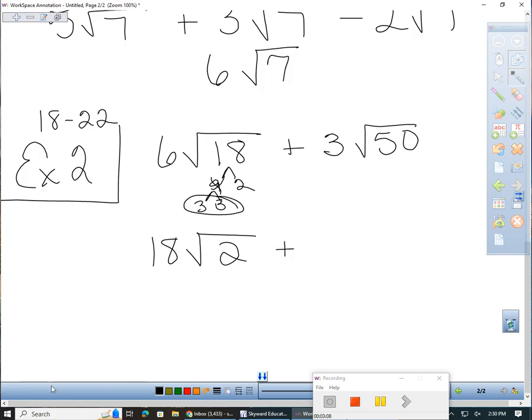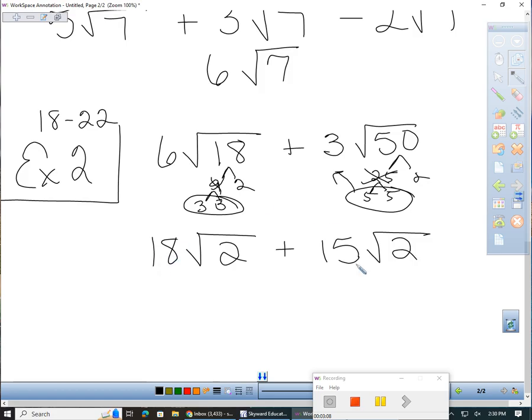Plus, here, 50 is 25 times 2. 25 is 5 and 5. So our group of 5s gets to go out and join the 3. So we have 15 left at home as a square root of 2. Now are they like terms? So we can add their coefficients together.